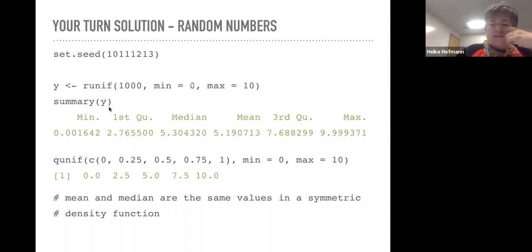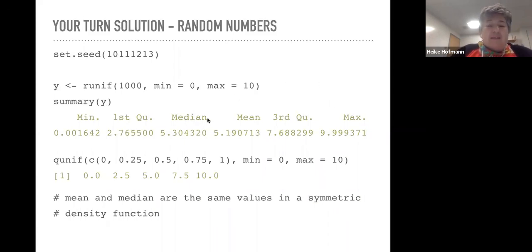And now we're just looking at a summary of those. Let's have a look at them from bottom to the end. The minimum is just over 0, and now I'm jumping to the maximum. The maximum is just under 10, so that's what we probably would expect to see.